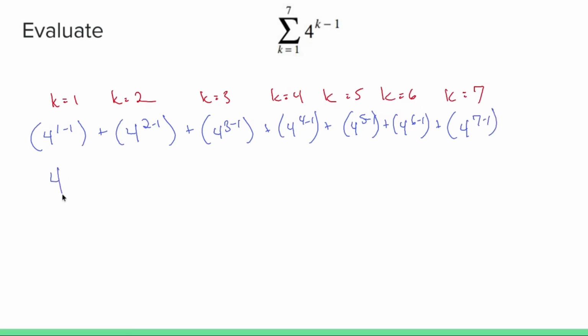So your 4 to the 0th, 4 to the 1st, 4 to the 2nd, 4 to the 3rd, 4 to the 4th, 4 to the 5th, 4 to the 6th.